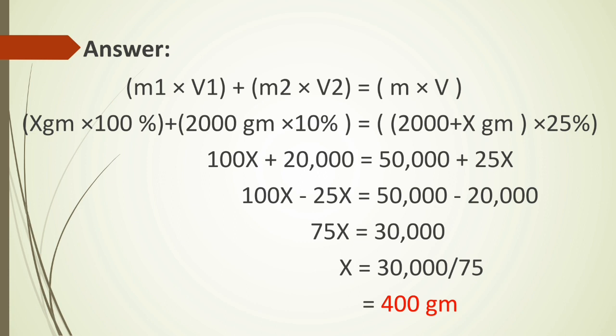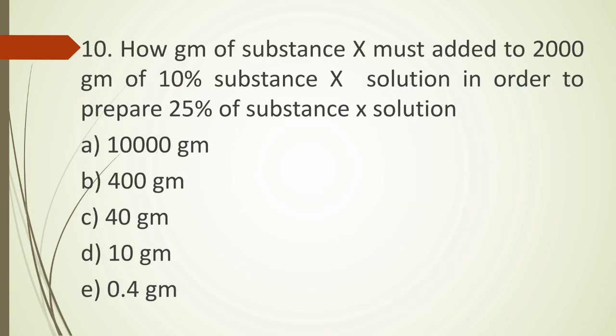75x is equal to 30,000, and the value of x is equal to 30,000 divided by 75, that is equal to 400 gram. So in this kind of questions we have to use the equation M1V1 plus M2V2 is equal to MV.